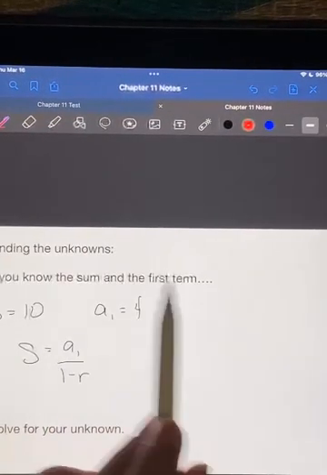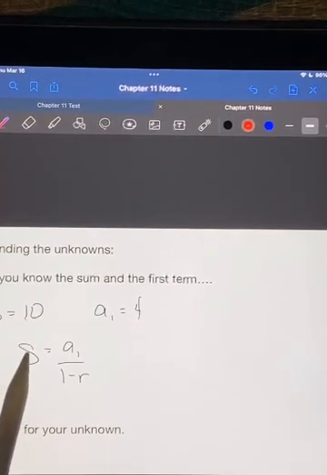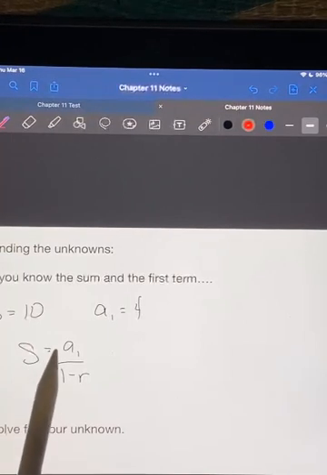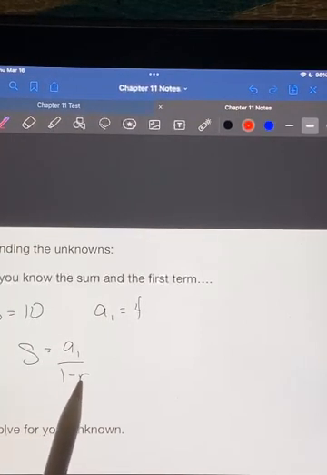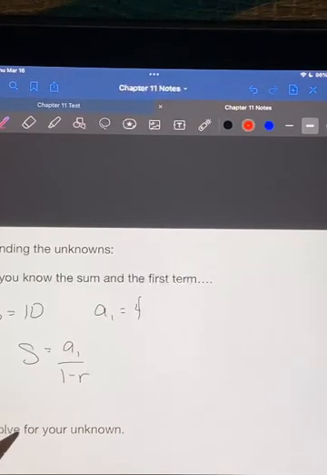Okay, so again, we can find any unknowns with this equation. If we know the sum, we can plug that in. If we know the sum and the first term, we can solve for r. If we know the first term and r, we can solve for the sum. If we know the sum and r, we can solve for the first term. So we can rearrange our equation in a lot of different ways.